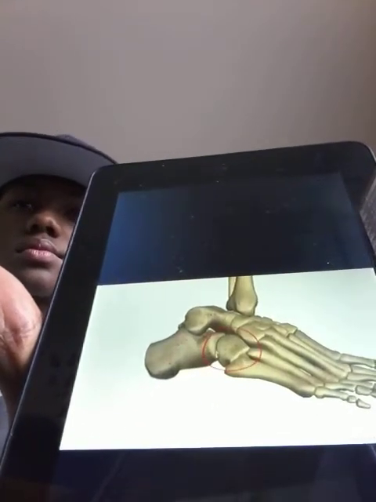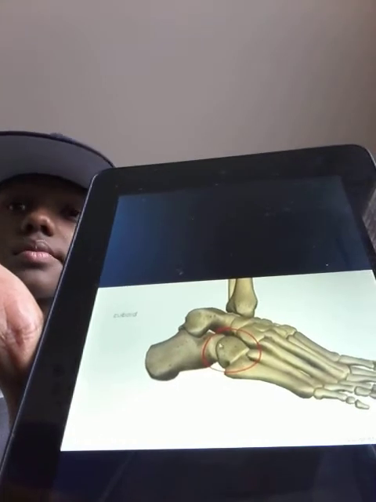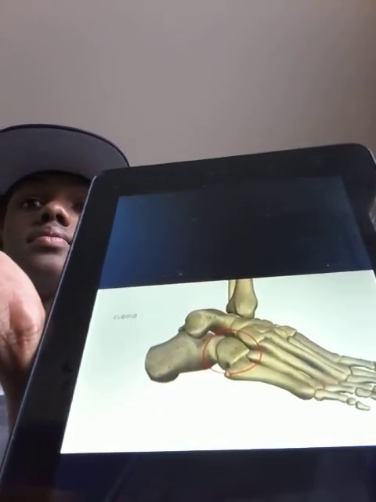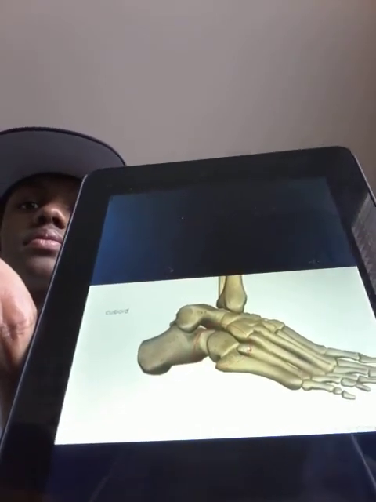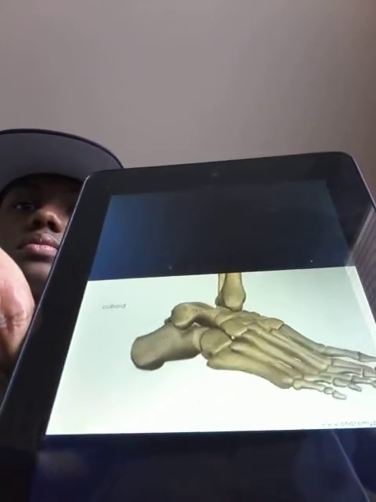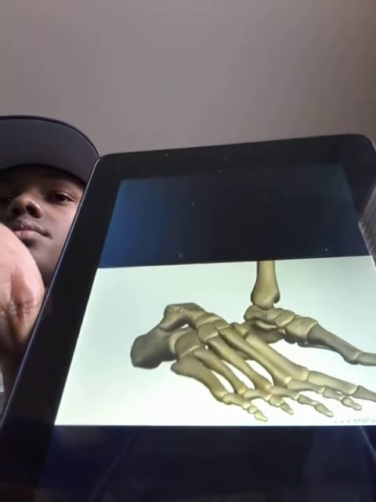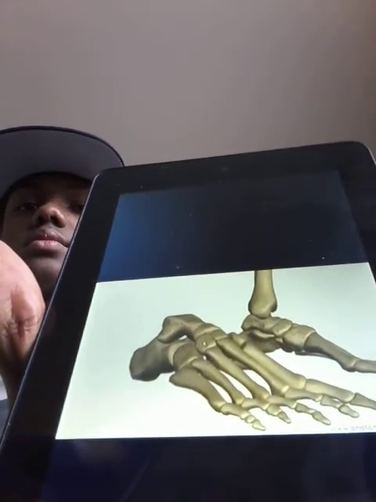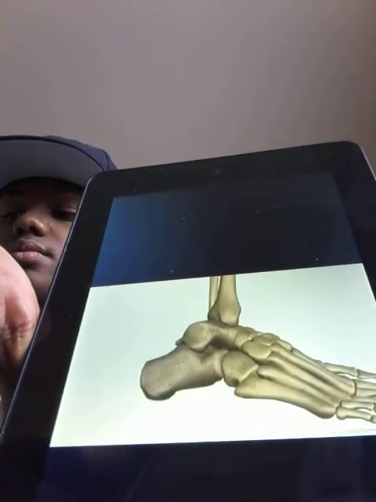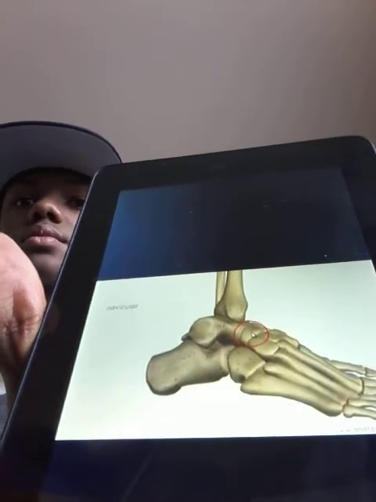And then you've got this bone here, which is the cuboid bone, sitting laterally, and this articulates with the lateral 2 metatarsals. And then you've got an intermediate bone. This is a bone which sits between the proximal and the distal rows. This bone is called the navicular.